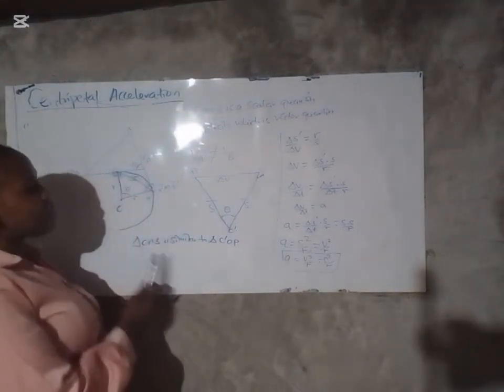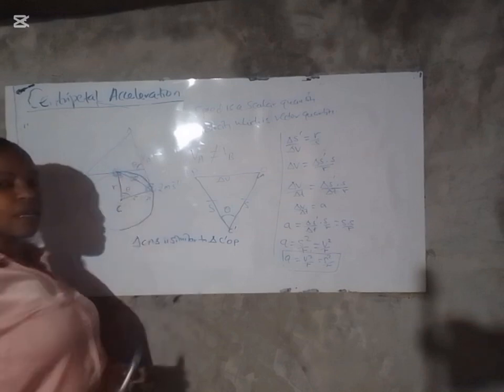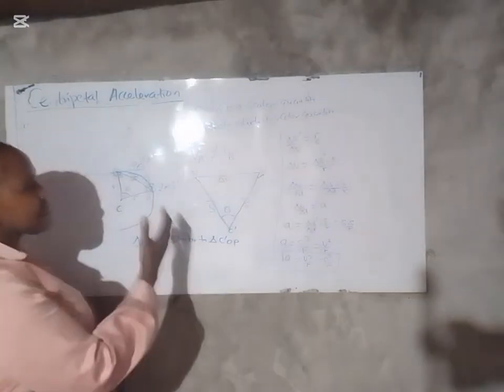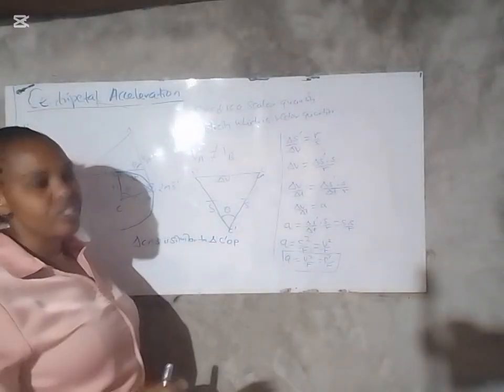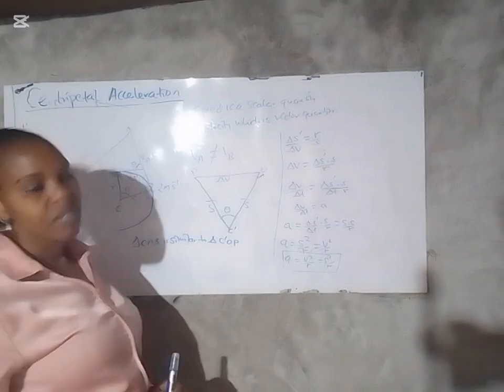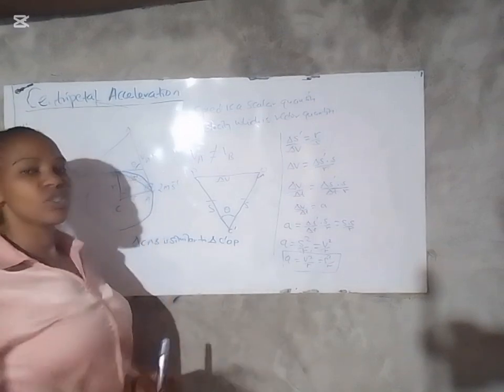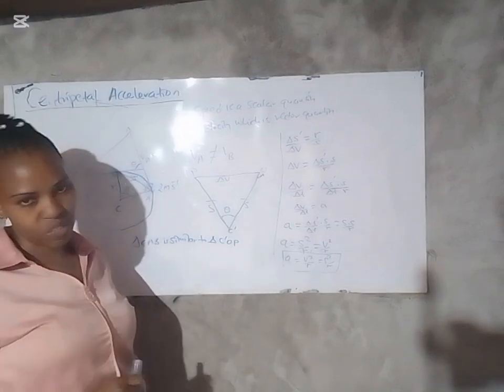We said when a body is moving on a circular path, the magnitude of velocity, which we call speed, is constant.